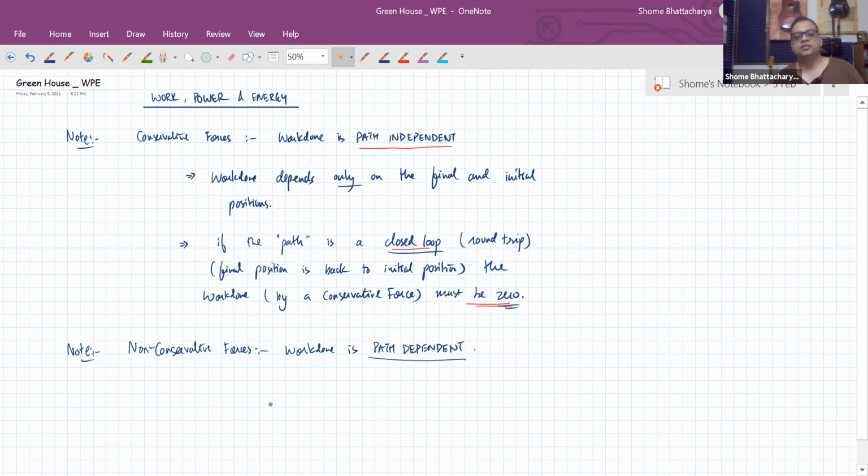Okay, so the fact that it is path dependent now implies that work done in a closed loop path or round trip will be non-zero, for non-conservative forces of course.